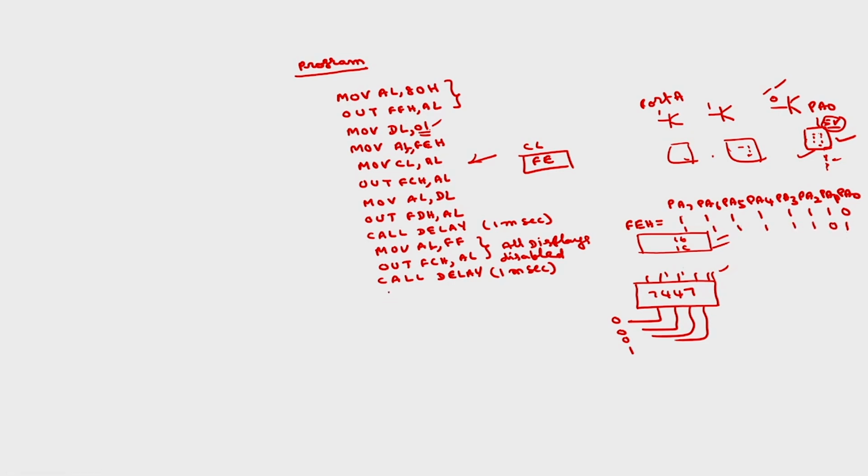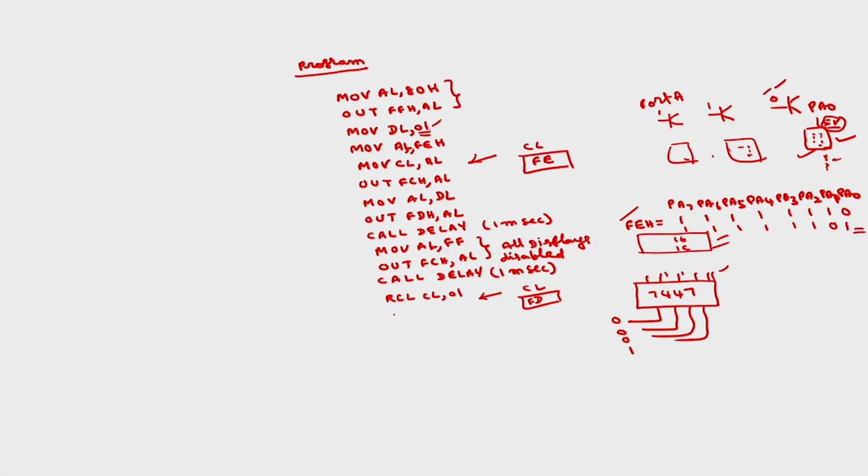So for that I am rotating the contents of CL left. In CL we have initially this FEH. Now if I rotate by 1 bit, CL now contains FDH. This FDH code corresponds to selection of the second display.